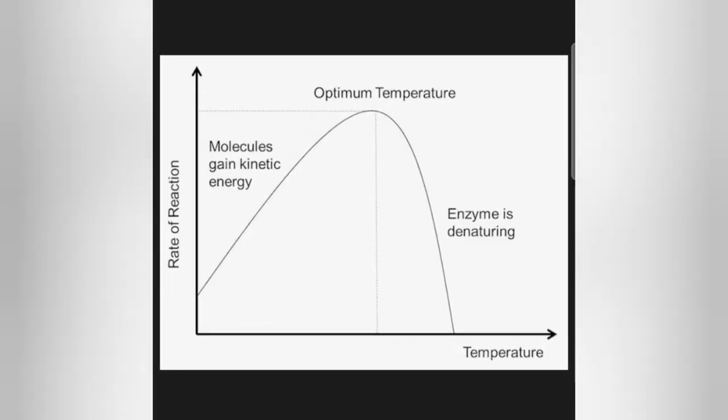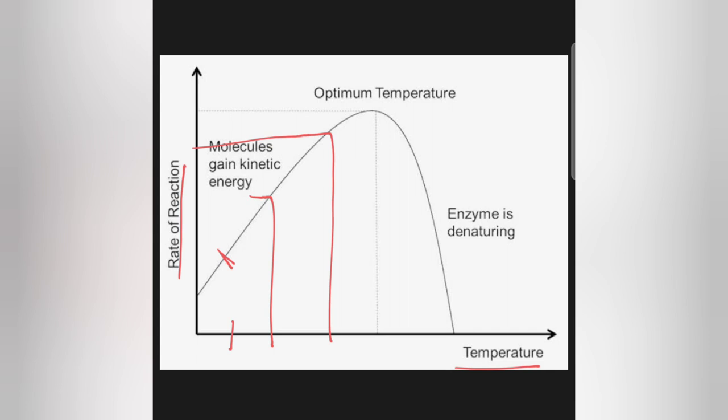It is a graph where temperature is plotted on this axis and the rate of reaction is plotted on this axis. You can see how the reaction rate changes with increasing temperature. The reaction rate is this much at this temperature, and this much at this temperature.